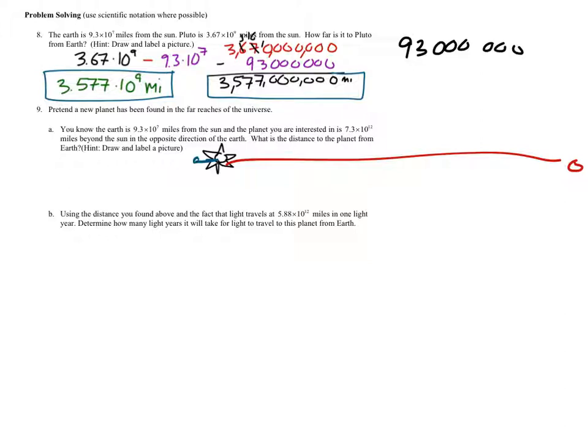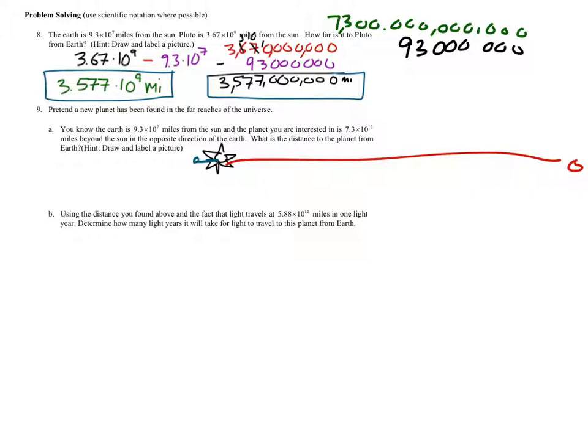And we're going to add the distance from the planet to the sun, which to me looks like 7.3 trillion miles.